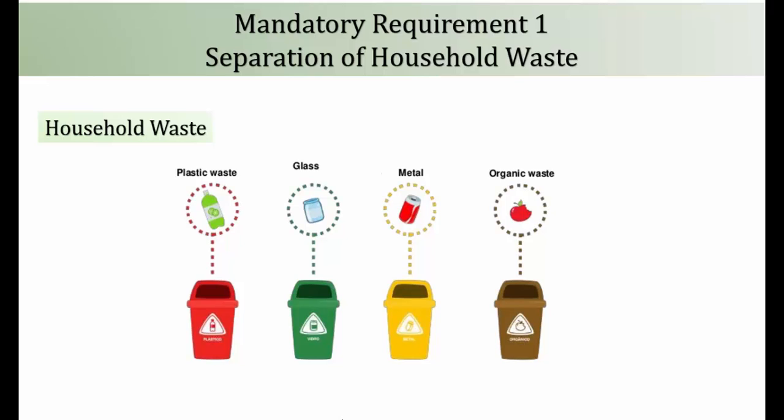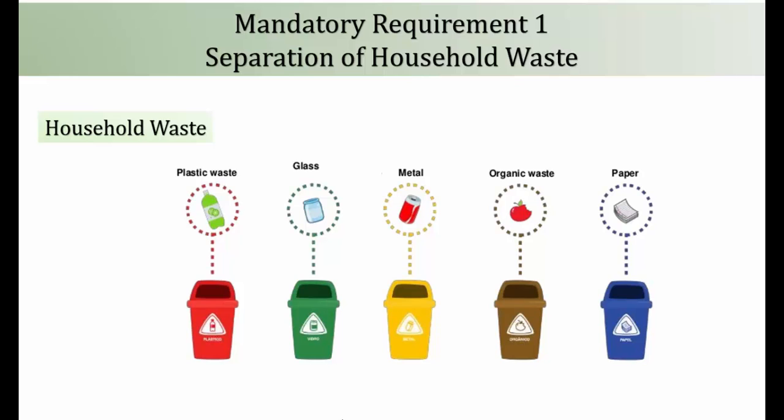To meet the mandatory requirement, the project team needs to provide separate bins to collect dry waste like paper, plastic, metal, glass, etc. and wet waste like organic waste at each dwelling unit and common areas in the building. Additionally, a common segregation point with separate bins needs to be provided by the project team. By all these criteria, the mandatory requirement can be fulfilled.